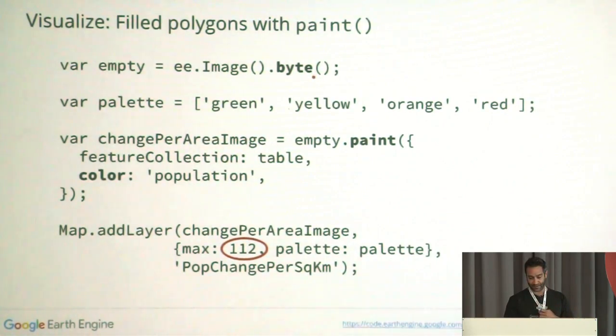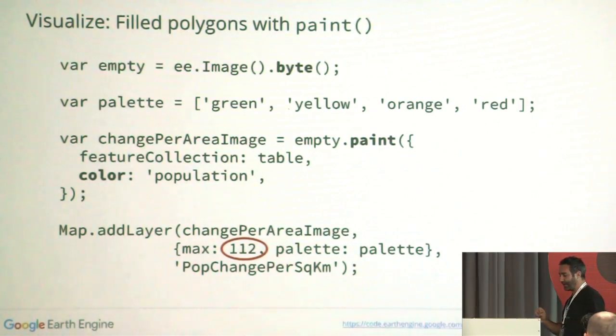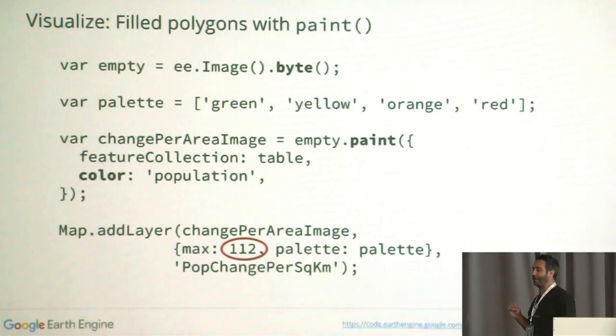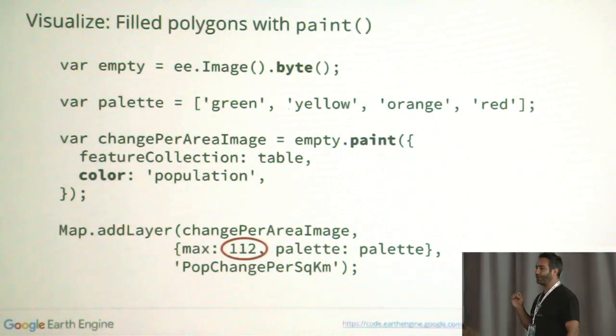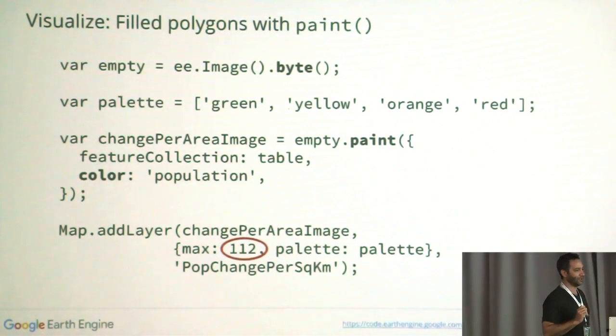I've just cast it to byte here because I just want a population increase, and make a palette, and then paint this empty image with that table, and the color parameter that you specify in paint is going to be the property which will determine the pixel value in the output image.